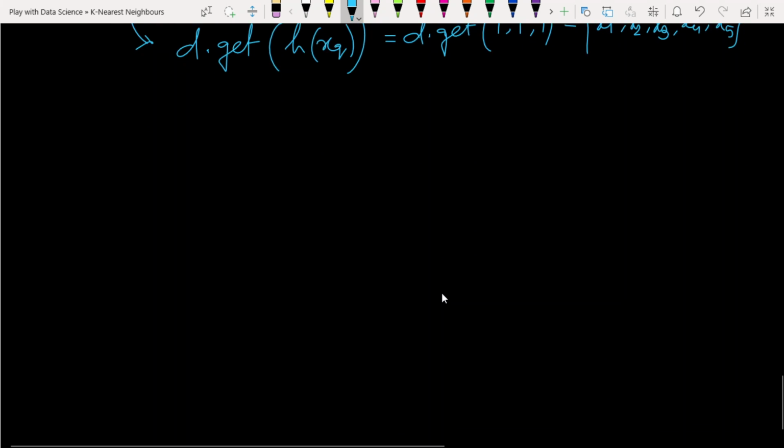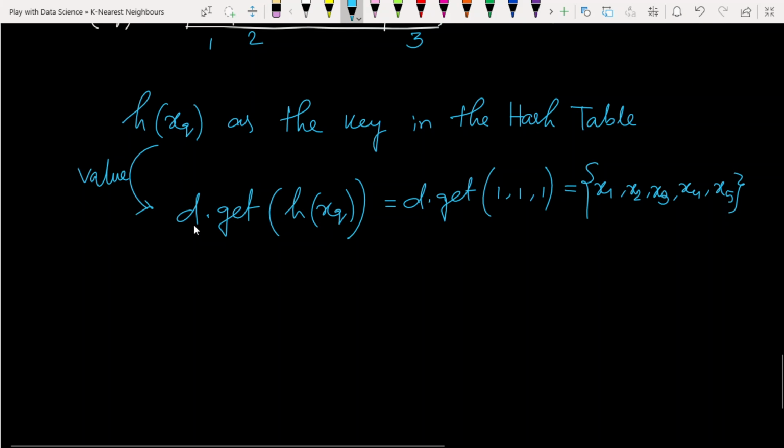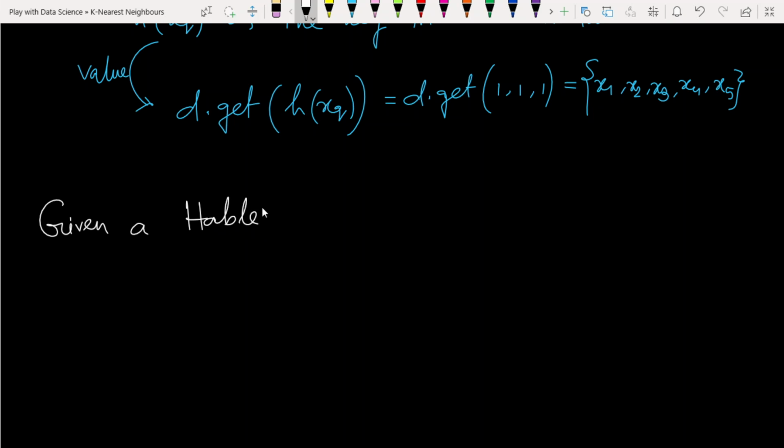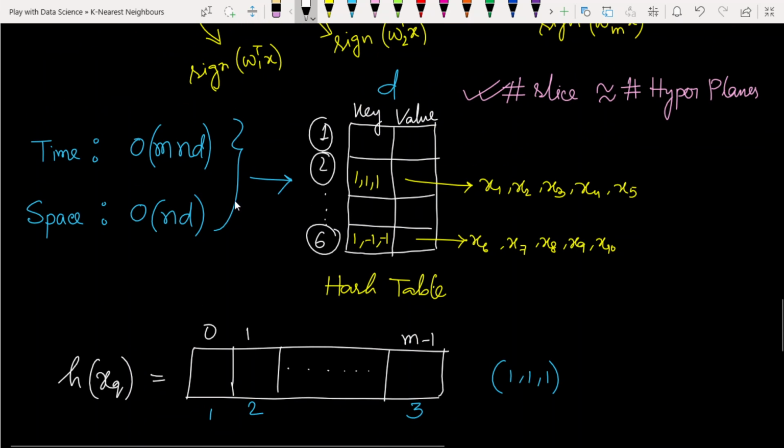Okay, so now for a given query point, what is the time complexity to find the nearest points of a query point? For a given hash table, we have seen the time complexity and space complexity to compute hash tables.